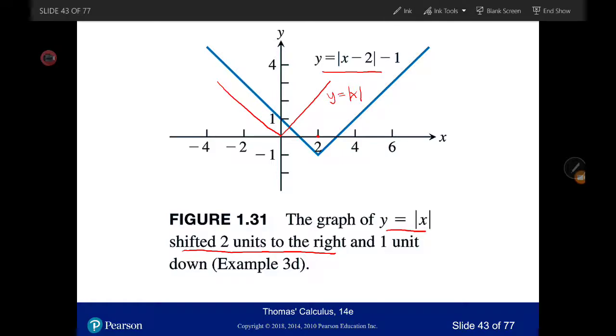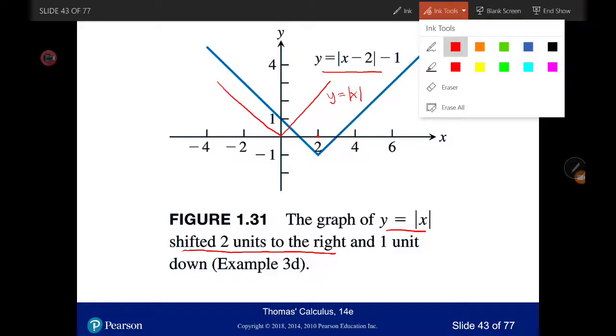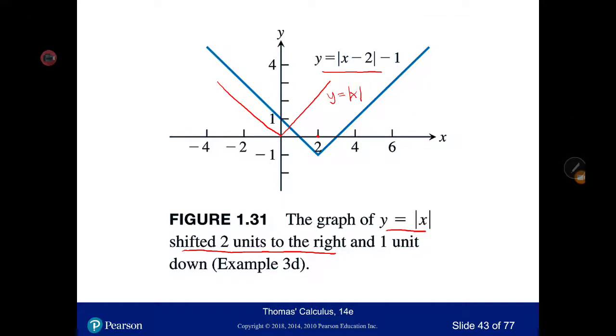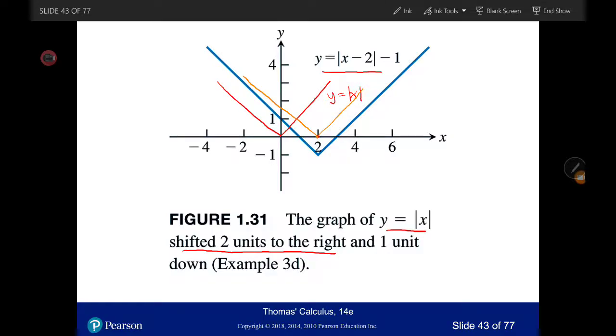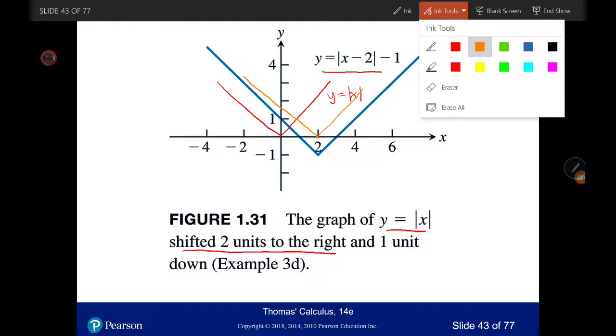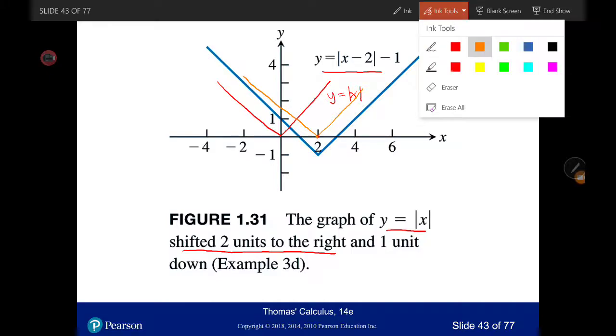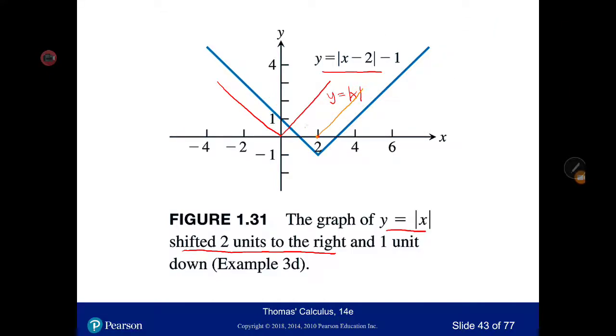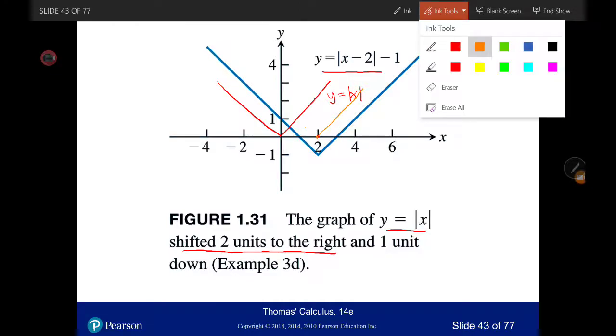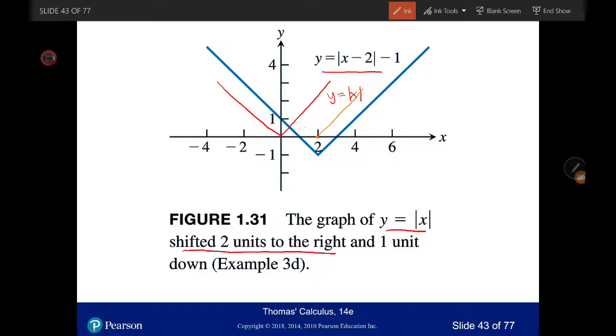I'm going to use another color. Shifted 2 units to the right, the corner is going to be here, so to draw the same graph. I'm so bad with this. Let's erase this first, and then take the ink again. I'm gonna draw this real good.